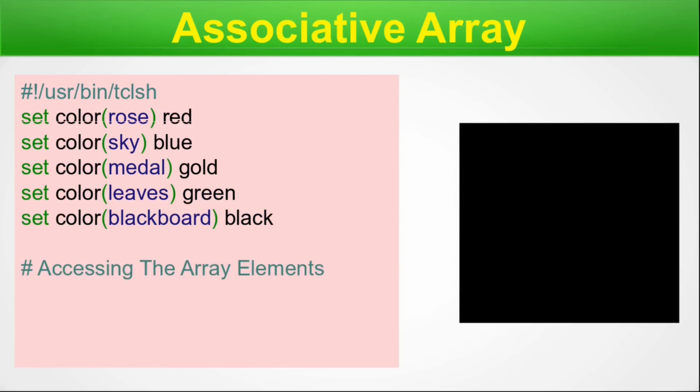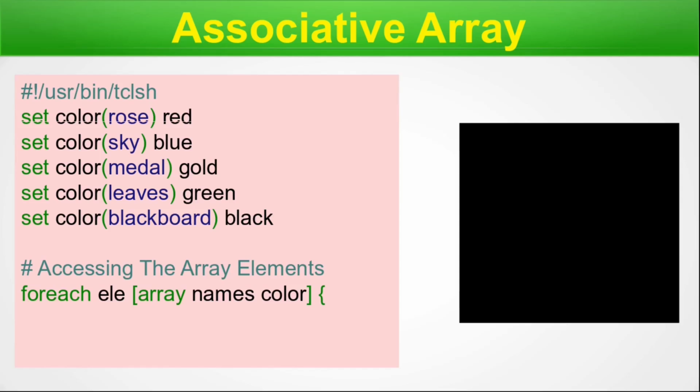And now how can we access the array elements? For that we are using the foreach loop. Foreach, then the element LE, and then we use array names color. This will give all the index values, that is rows, sky, middle, leaves and blackboard, as a list.